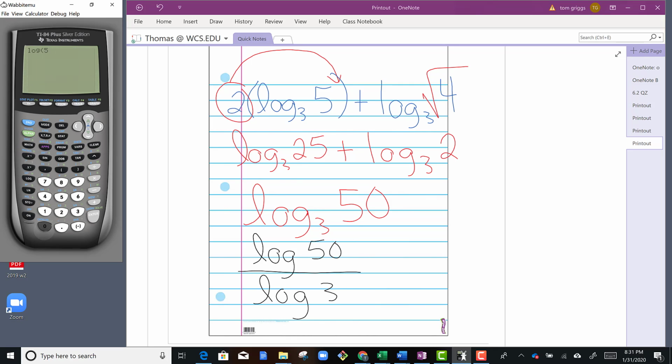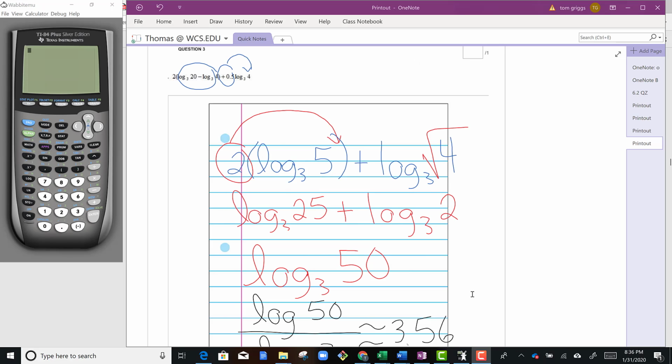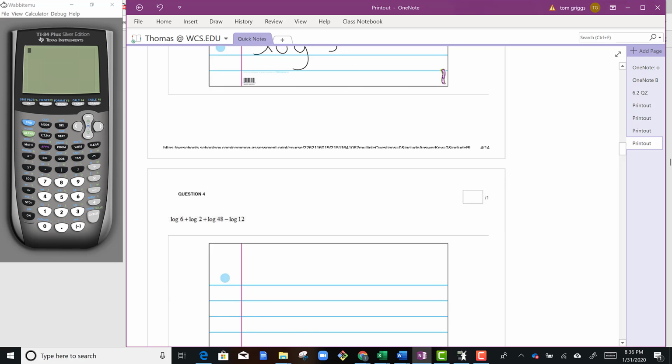So log 50 divided by log 3. And we get approximately 3.56. And of course, this one can also be checked if you type in the original problem in the calculator.